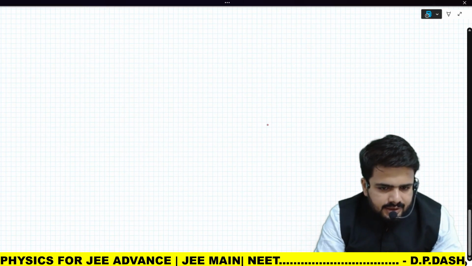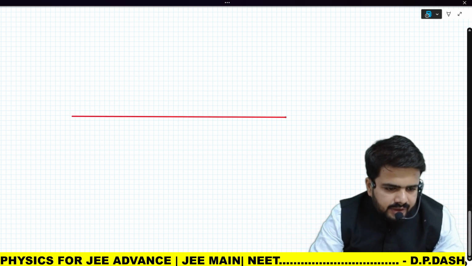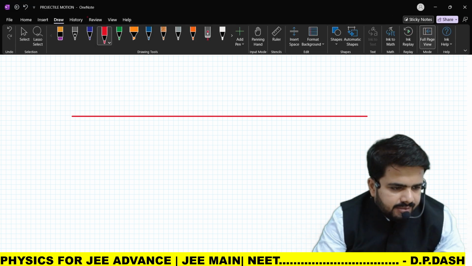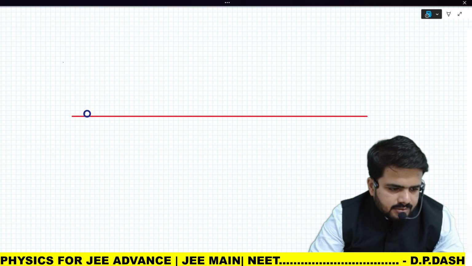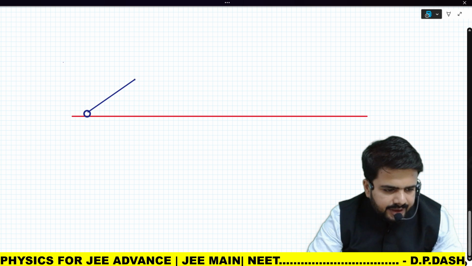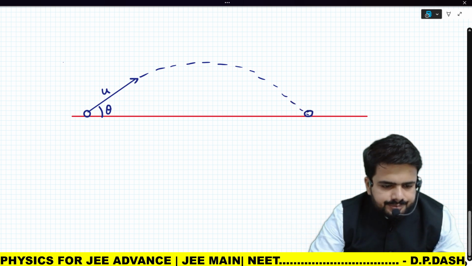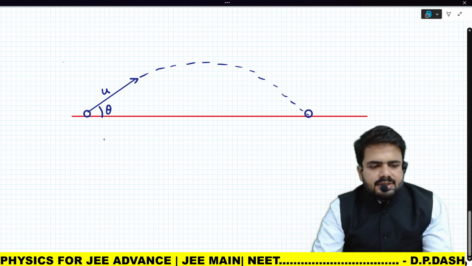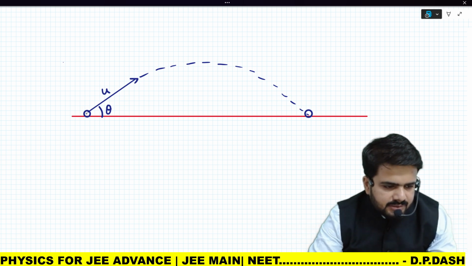Now let us discuss three important parameters. We're discussing range, maximum height, all these things. Here I have considered the ground, and let us consider the ball. Suppose this ball is thrown with an initial speed of u at an angle theta, and it covers a path somewhat like this and reaches here. So what are the different terms associated with the projectile?